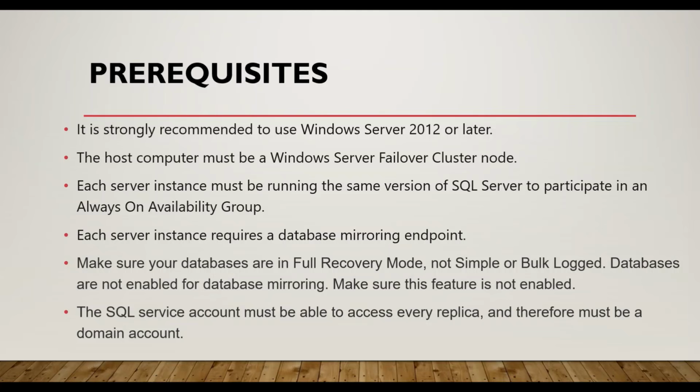Each instance requires a database mirroring endpoint, and make sure your databases are in full recovery mode. It will not support simple or bulk-logged recovery models, and you cannot combine database mirroring and Always On for the same database. So make sure that feature is not enabled for the database where you are performing Always On. And the most important thing is the SQL Server service account must be able to access each and every replica. Therefore it must be a domain account.